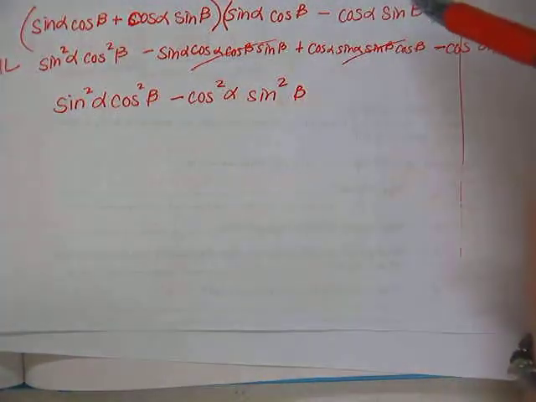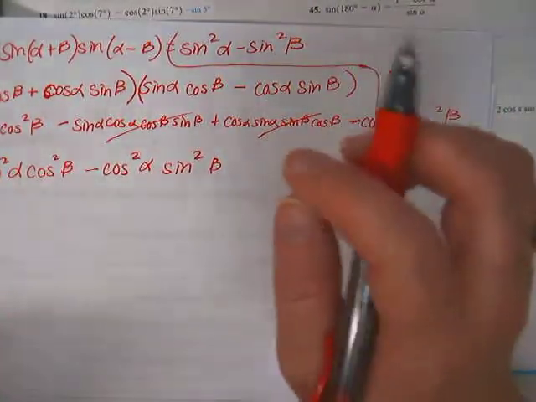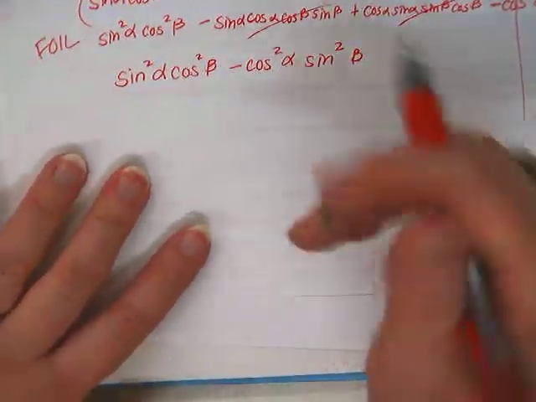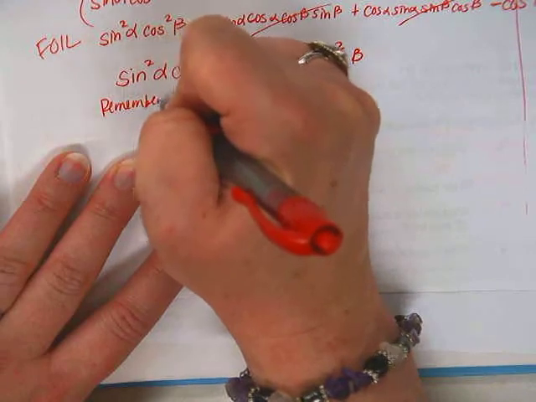Right now the problem has sines and cosines in it, right? And the final answer I'm looking for here when I verify this is just sines. So we did something similar to this the other day with the Pythagorean identity.